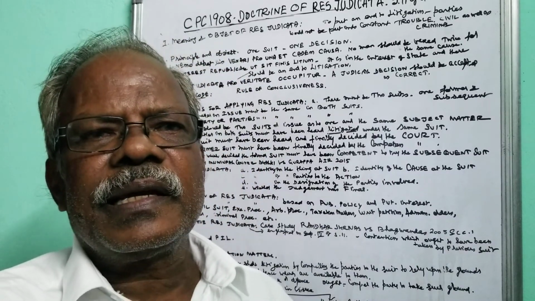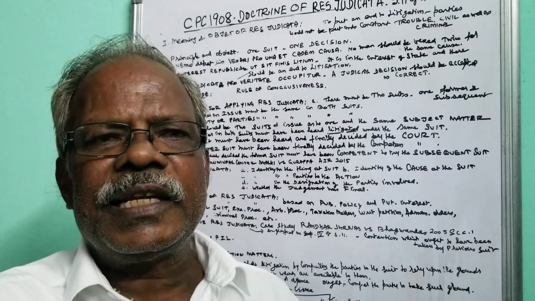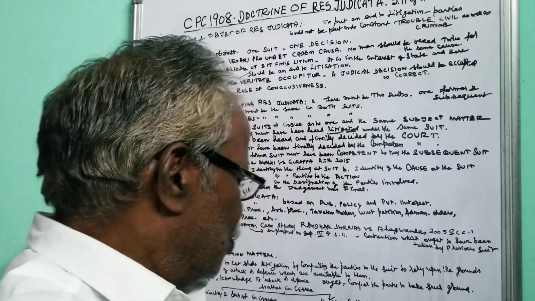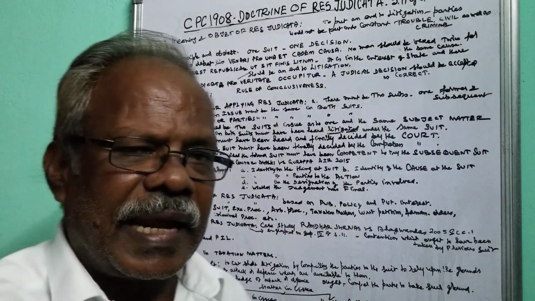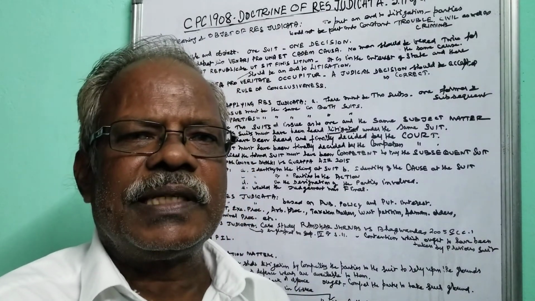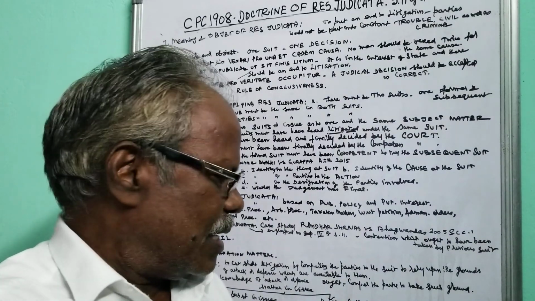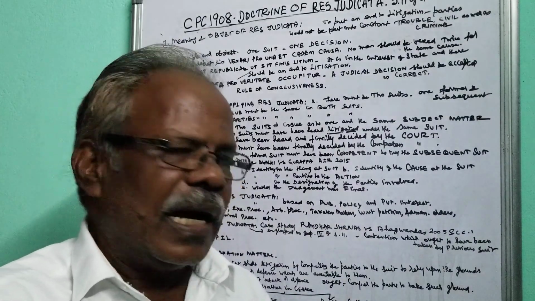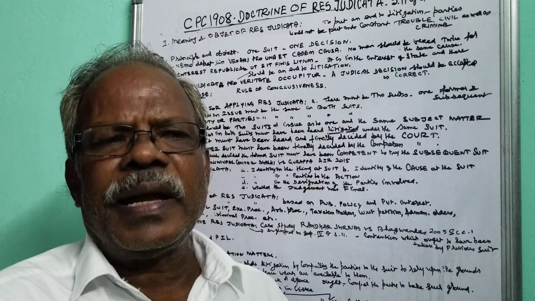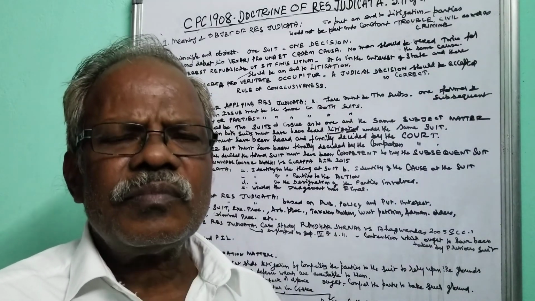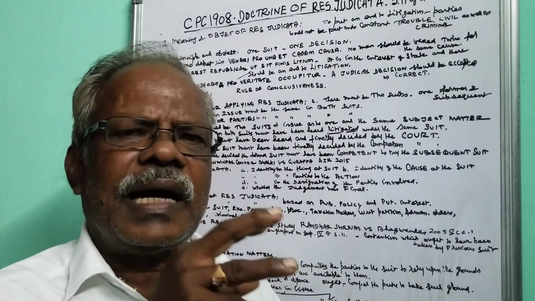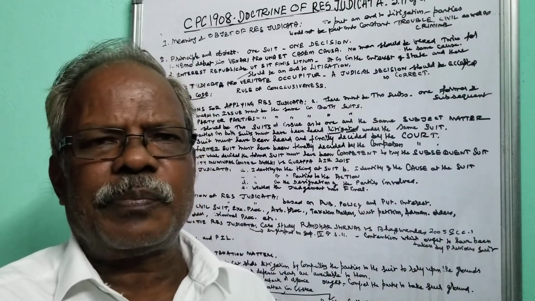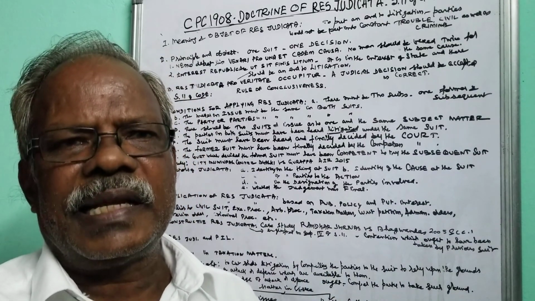Now we will see the matter in issue is divided into two. One is called matter directly and substantively in issue, and another is called matter collaterally and incidentally in issue. Matter directly in issue means one party asserts one matter and the other party accepts or denies it.